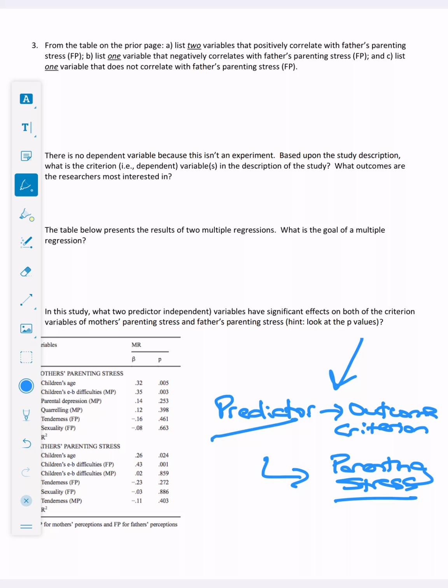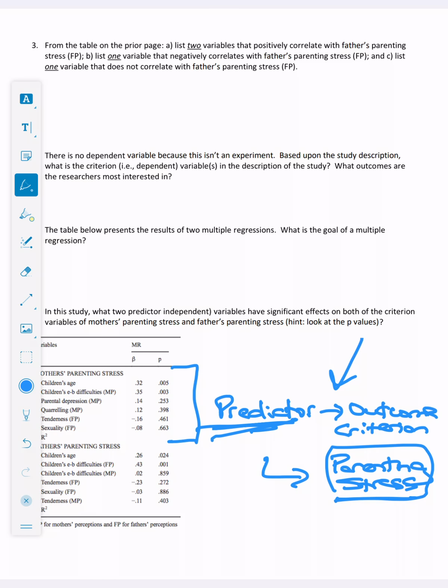Why am I doing this? Because I want to determine what factors, what measures, are best at predicting parenting stress, because then I could perhaps go in and help mom. I could perhaps reduce her stress by changing, adapting, or essentially treating those predictors.